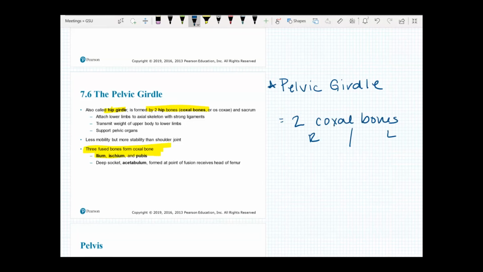On my right coxal, I will have my ilium, my ischium, and my pubis, because these are 3 fused bones that make up my right coxal, but then I'll also have an ilium, an ischium, and a pubis that make up the left coxal bone. So there are 3 bones for each coxal bone: the ilium, the ischium, and the pubis.